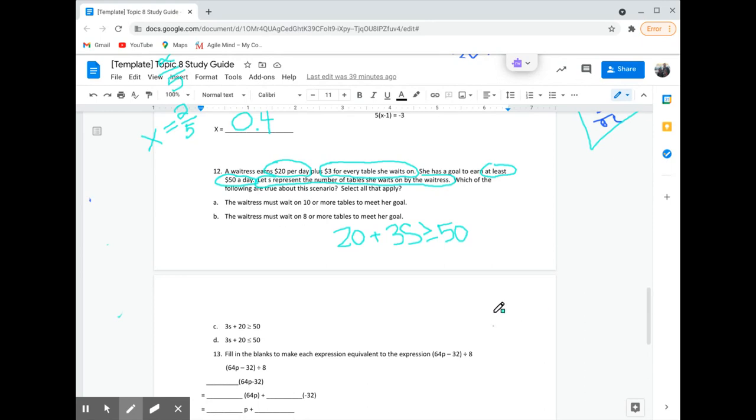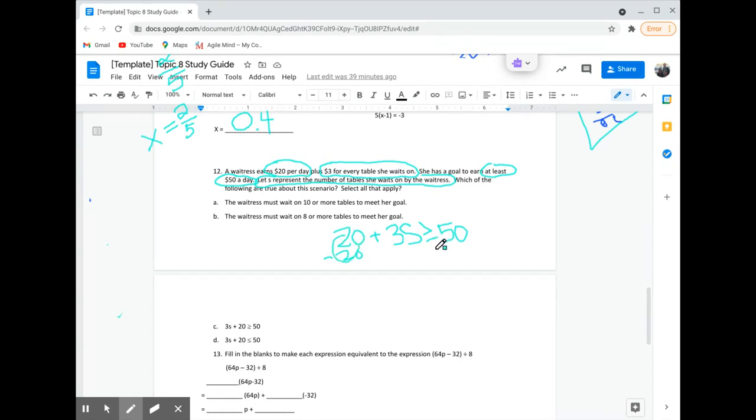So looking at A through D, it says the waitress must wait on 10 or more tables, or the waitress must wait on 8 or more tables. How would we figure out how many tables she needs to wait? 3 times 10 plus 20. That works perfect. So all we're doing is subtracting 20.